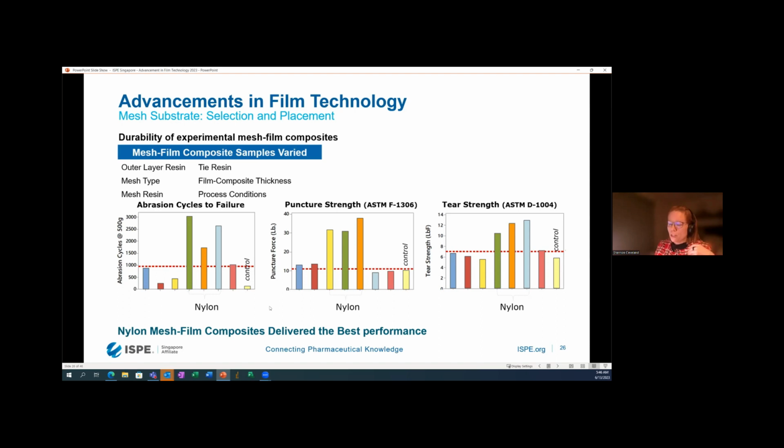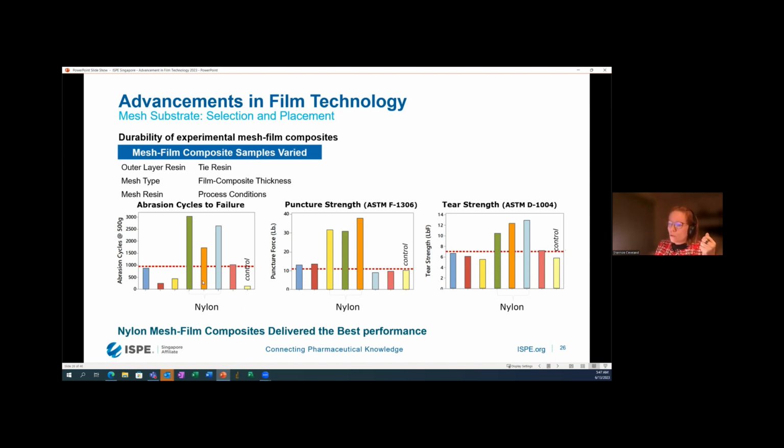But what this shows is that for abrasion, puncture, and tear, we found that the addition of a nylon mesh gave us a large advantage over other candidates, and exceeded our expectations in some cases for the improvements that we could make.